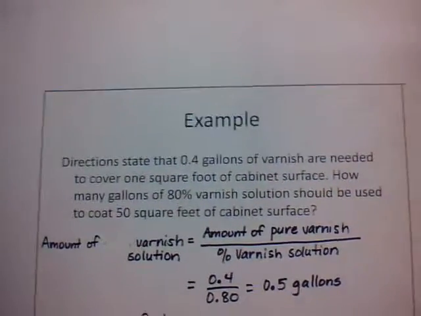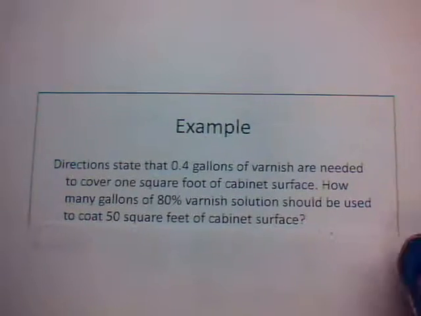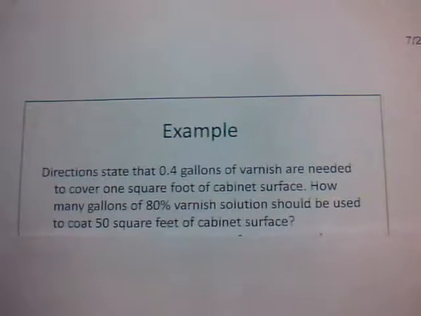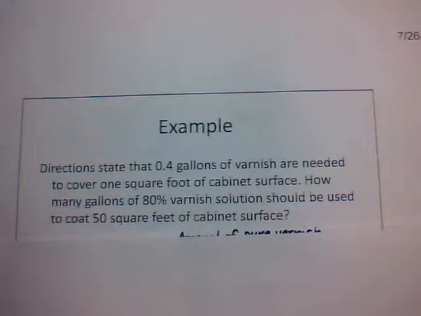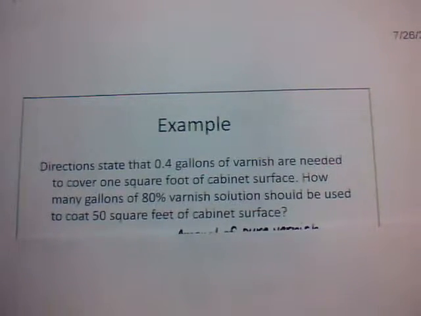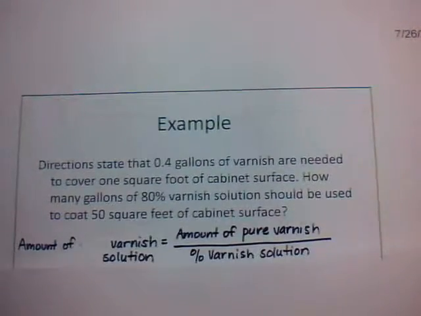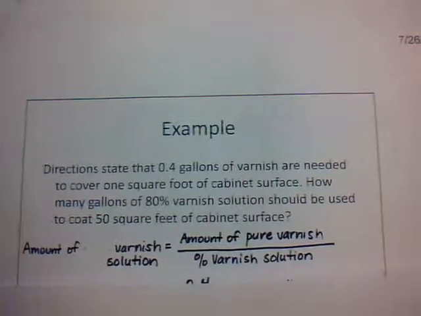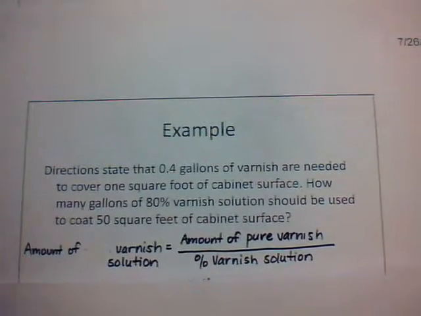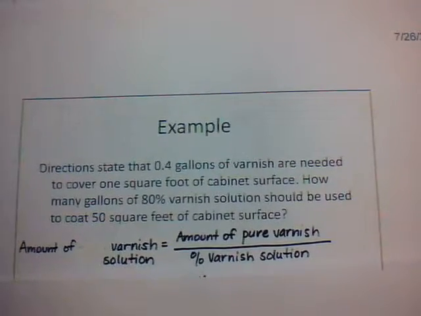And then finally, directions state that 0.4 gallons of varnish are needed to cover 1 square foot of cabinet surface. How many gallons of 80% varnish solution should be used to cover 50 square feet of cabinet surface? So here we're going to find out the amount of the varnish solution, which is the amount of the pure varnish divided by the percent of the varnish solution.